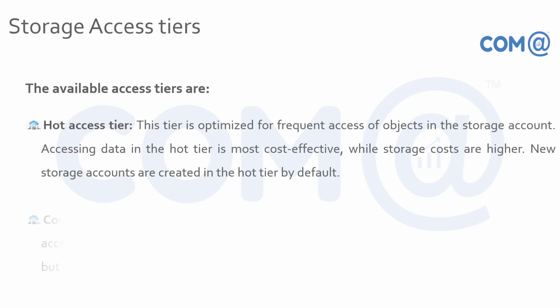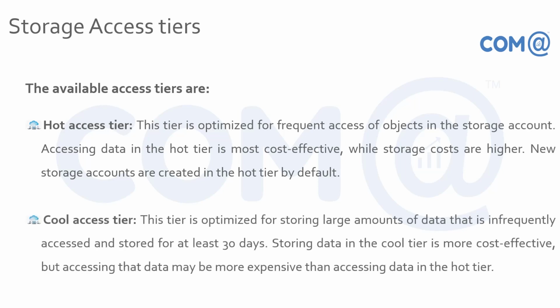The available access tiers are the hot access tier and the cool access tier. The hot access tier is optimized for frequently accessed data or objects in a storage account. Accessing data in the hot tier is most cost effective, while storage costs are higher.